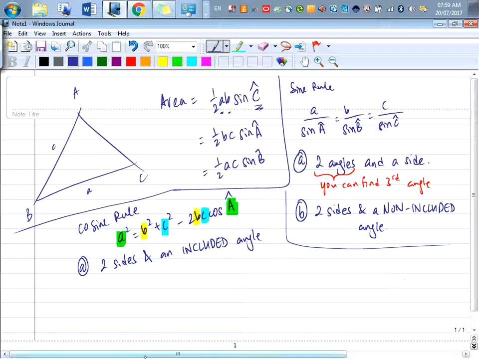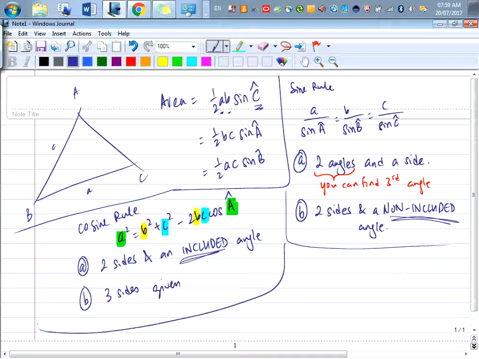See the difference between this and this? When it is included, use cosine rule. When it is not included, use sine rule. Next, when you are given 3 sides. These are the 2 cases when you use your cosine rule. All this is found in your textbook, page 74.